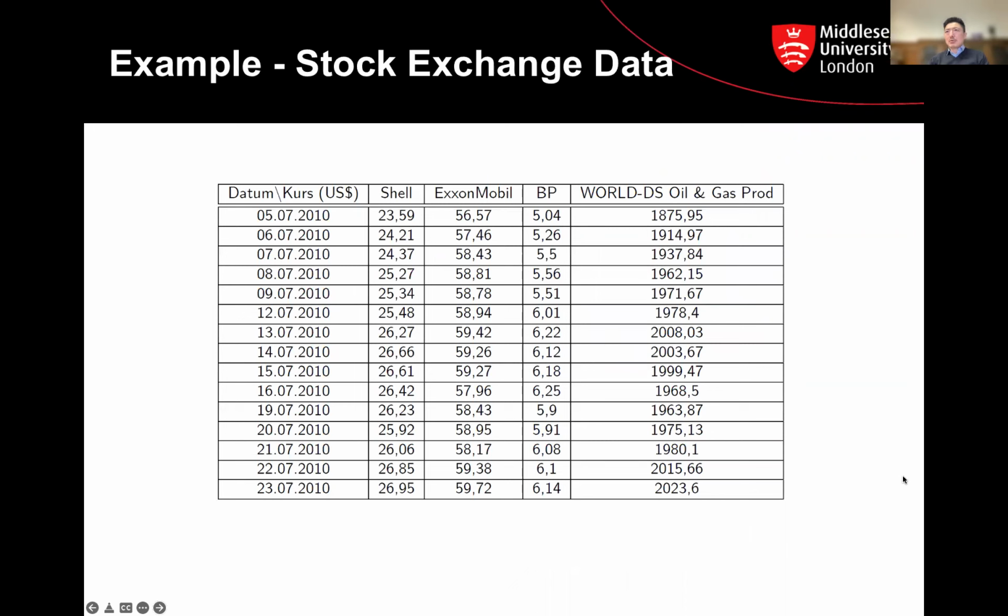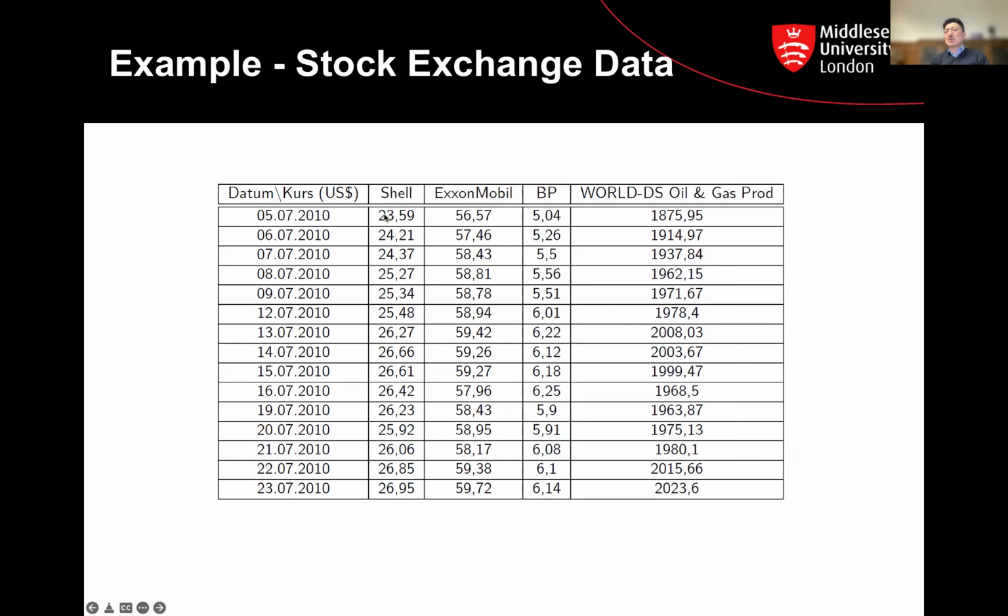Okay, and as an example, this is the data in the raw form. I think this is the stock price, and you have the date. So this is 2010, so that will be the 5th of July, 2010.